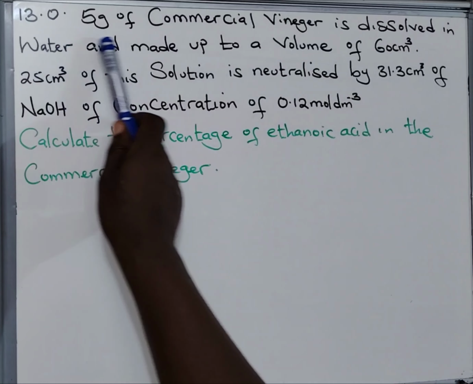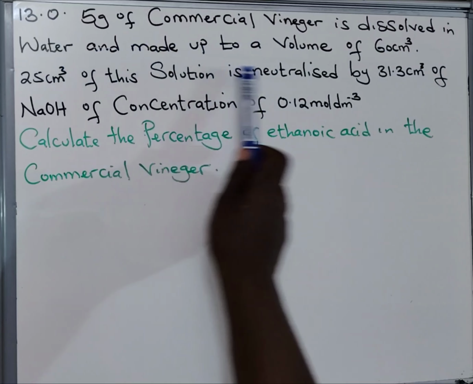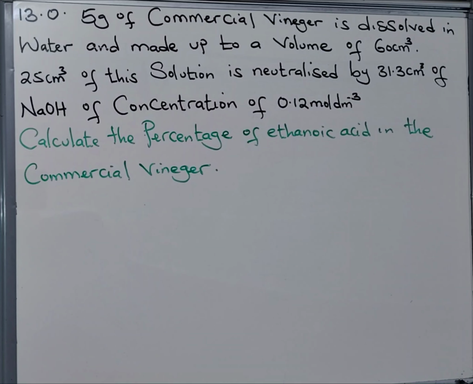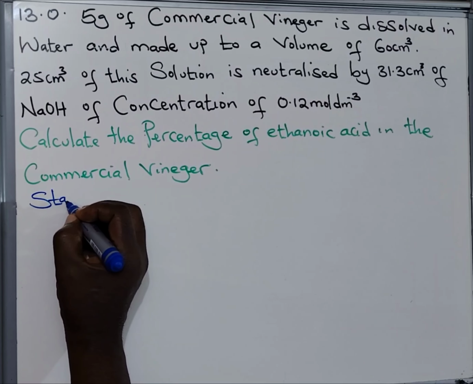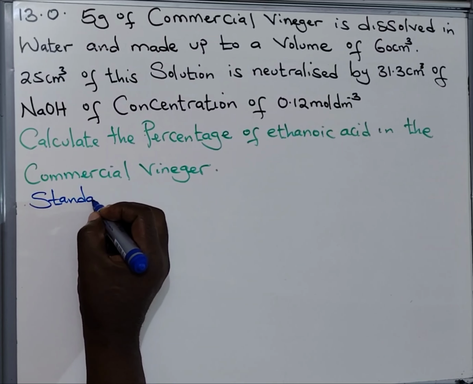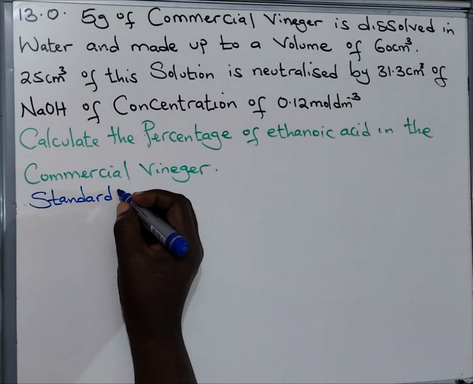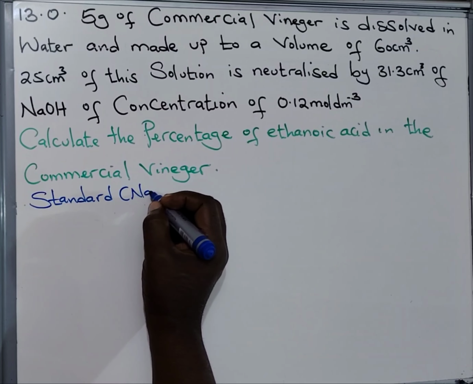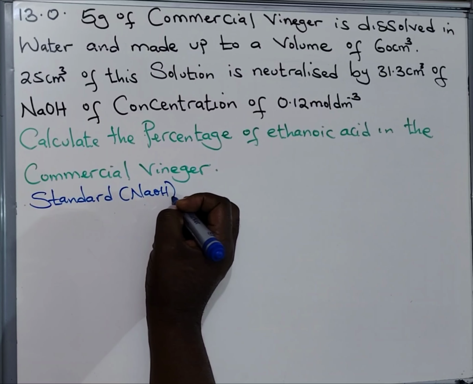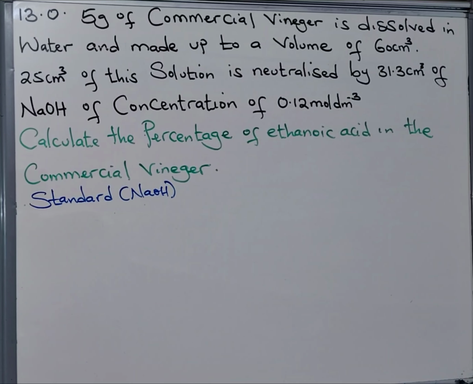That we don't know how much vinegar we have in that volume. This means one thing, that our standard, because we need to look at the standard. The standard is that solution of known concentration. So our standard is sodium hydroxide. Locating it is very crucial in solving questions like this.